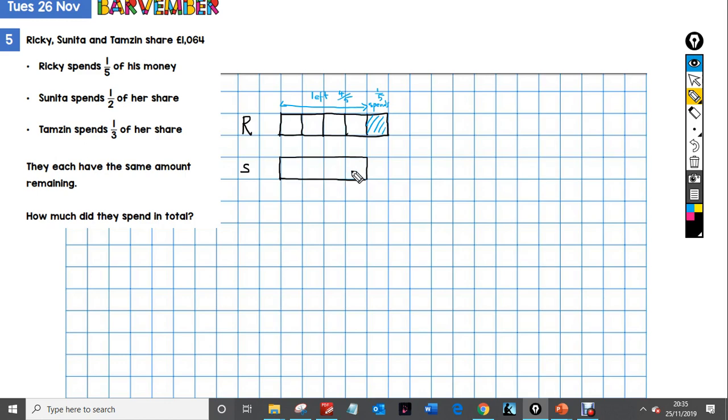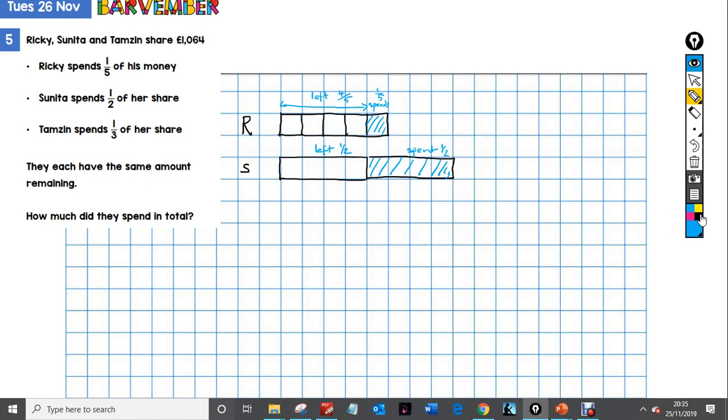So 1, 2, 3, 4. 1, 2, 3, 4. So this is what Sunita spent. So there we go, spent and left, which is half and half.